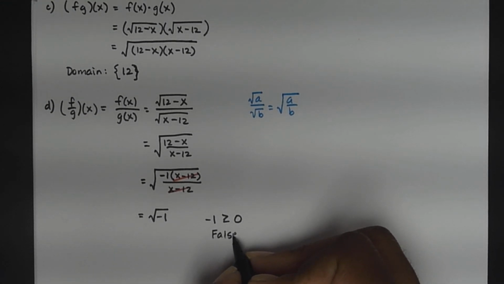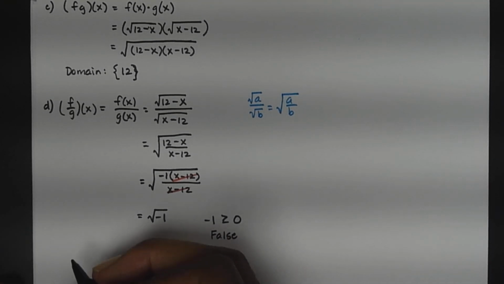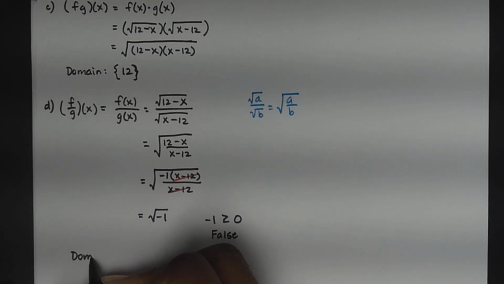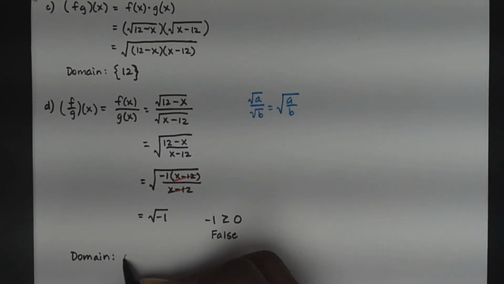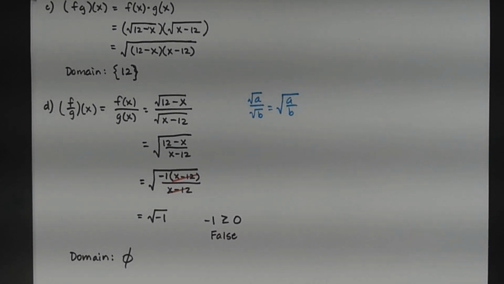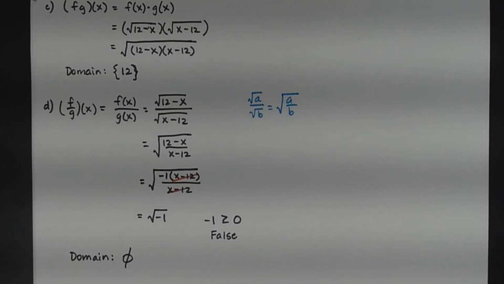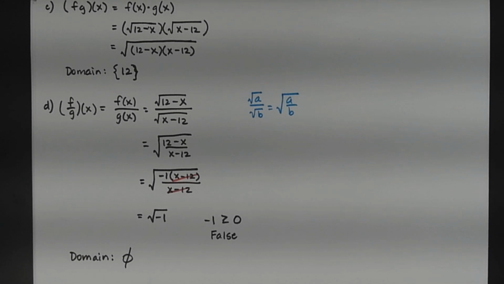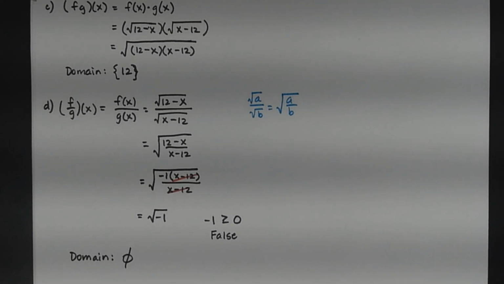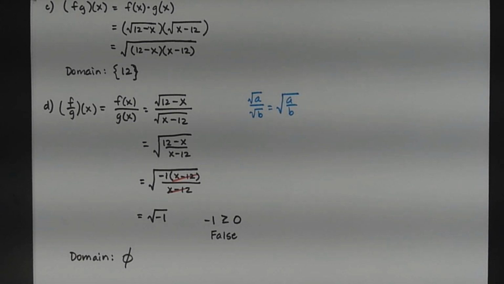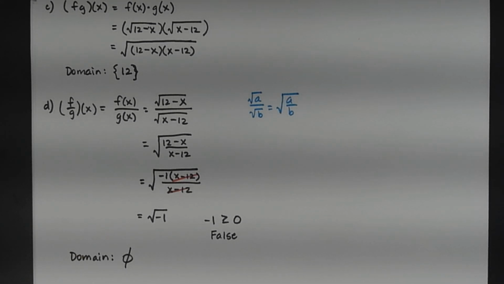That is a false statement. So that means the domain of this would simply be the empty set. That means that there are no values of x that would satisfy the quotient of those two functions, f of x and g of x. Okay, so I hope that this video will help you complete that similar homework problem that is in section 2.6.